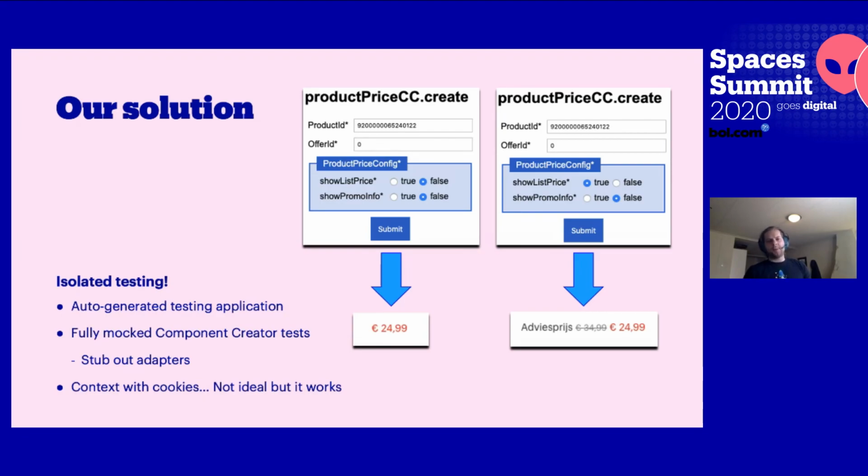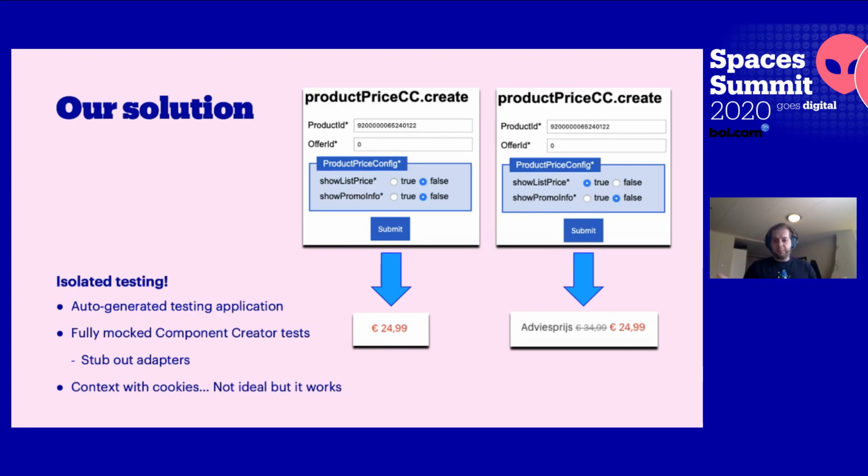The only problem that we have is that the context is not really that easily modelable. So for the context, we do some stuff with cookies, and then you can have cookies that say, I'm a Belgian customer, or I wish to be in this A/B test.